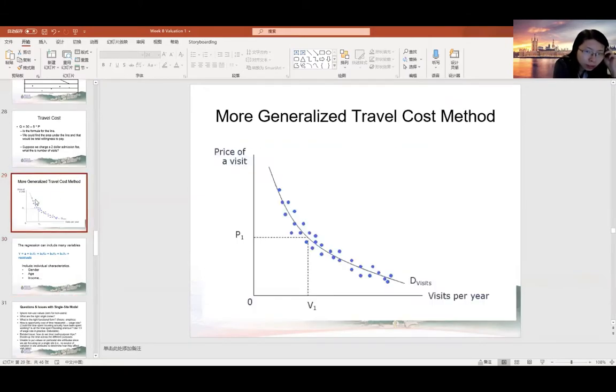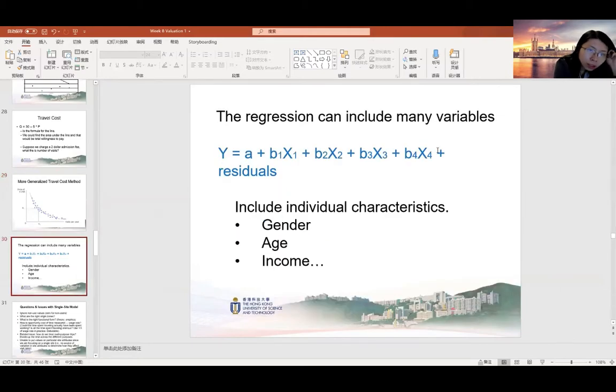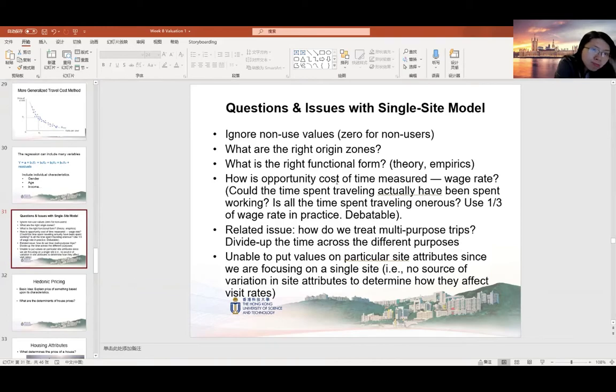Right? Any questions? And you can add more variables to the regression if you're interested in how different attributes and individual characteristics determine the visitor rate and the willingness to pay. You look at willingness to pay across different subpopulations.